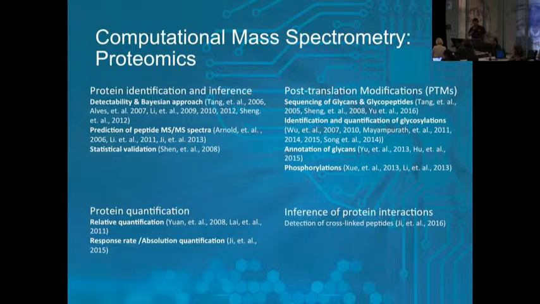In the past 10 or 15 years, my lab has developed many different algorithms and tools to address these different kinds of problems. More recently, we also try to develop methods for applying mass spectrometry to the inference of protein interaction, to study basic protein-protein interaction inside a very complex mixture.